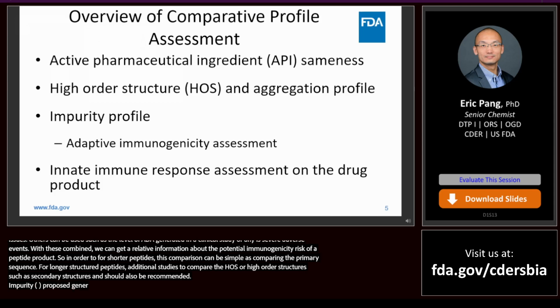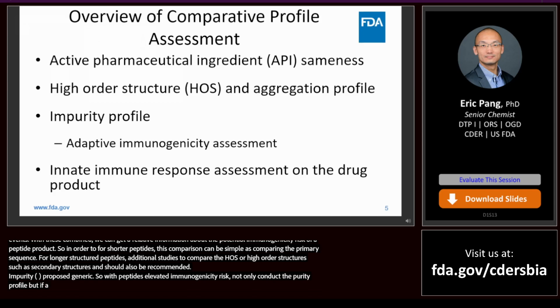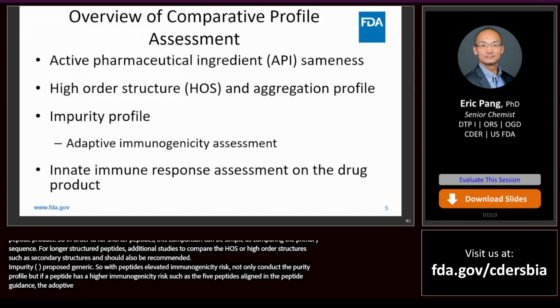So for peptides with elevated immunogenicity risk, we'll recommend not only to conduct the impurity profile, which is typically done using LCMS, but if a peptide has a higher immunogenicity risk, such as the 5 peptides outlined in the synthetic peptide guidance, the adaptive immunogenicity assay will be recommended to assess the presence of MHC binding potential.